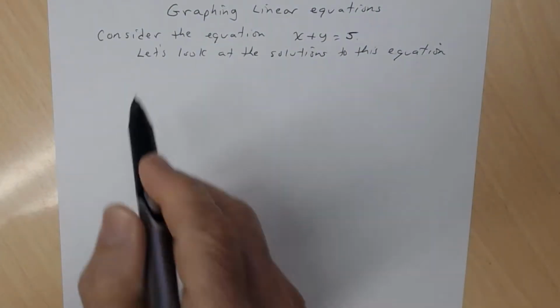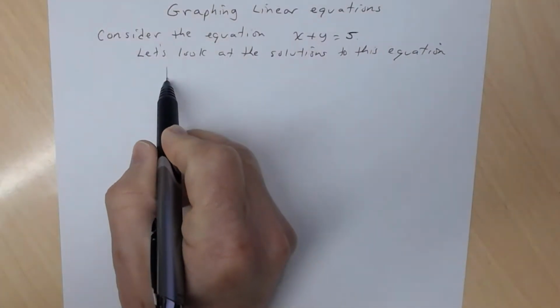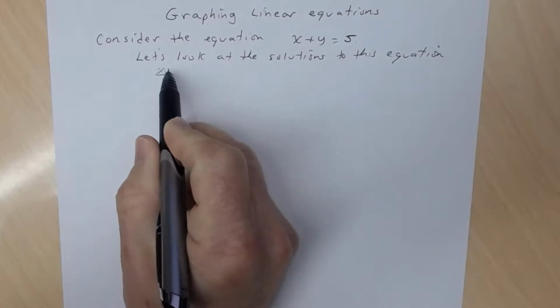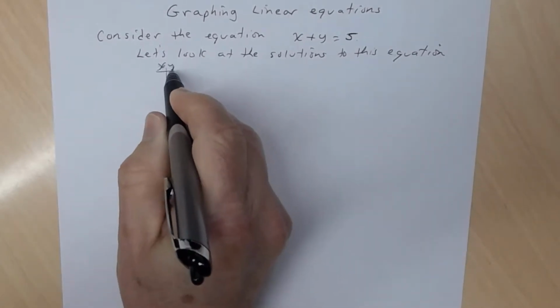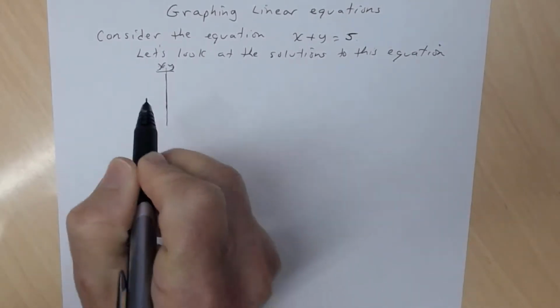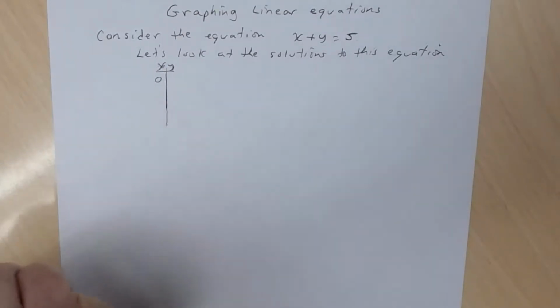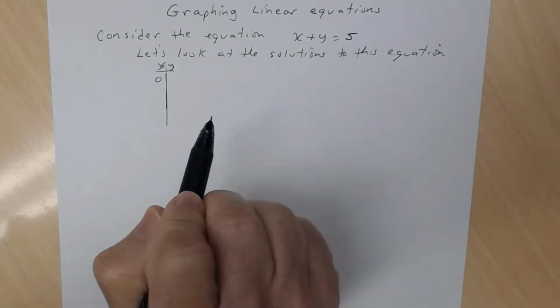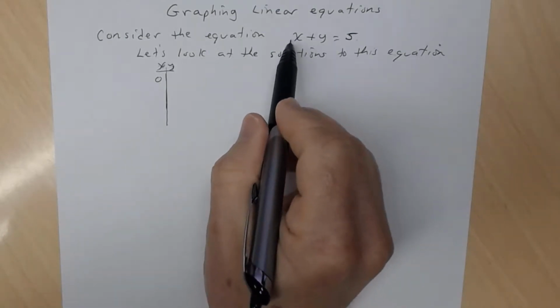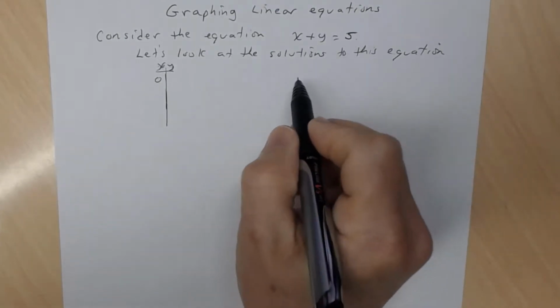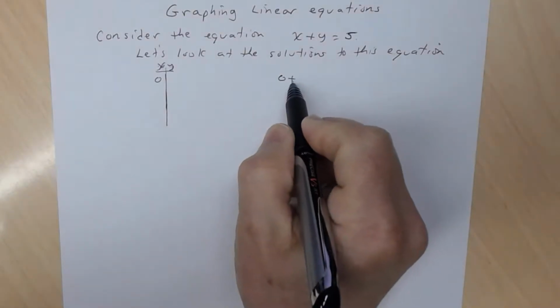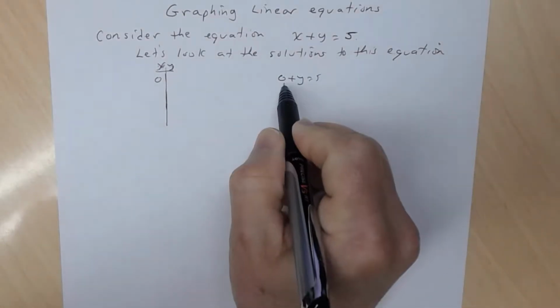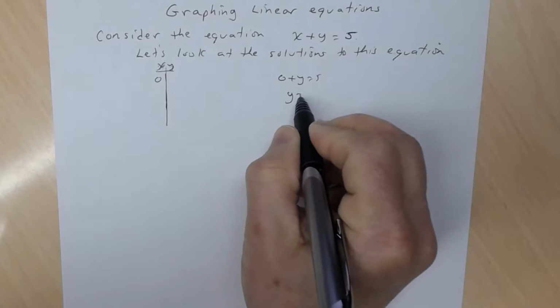Okay, so for example, if I use a t-table with this problem, and I let x be 0, so if my x coordinate is 0, let's find the y coordinate. Wherever we see the variable x, I'll plug in 0. So I get 0 plus y equals 5. 0 plus y is y, so y equals 5.